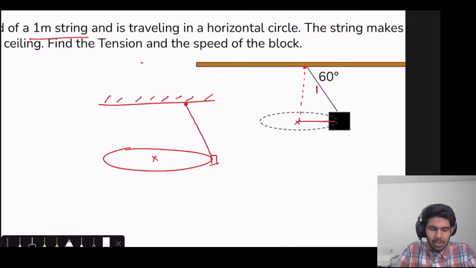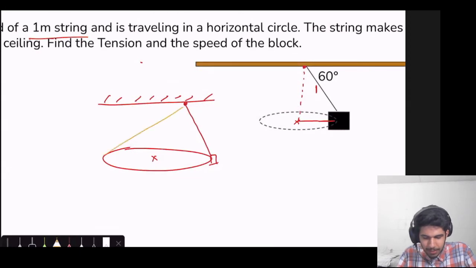This would not be a circle. Or rather, it would trace out the circle, but there's no way this block can travel the path I drew, because the string would somehow have to stretch to be that long at the furthest point, and that's just not possible.